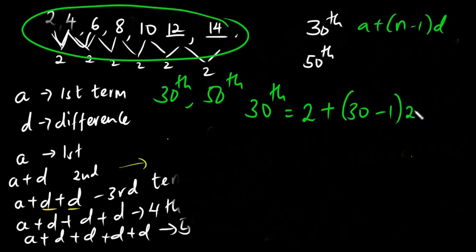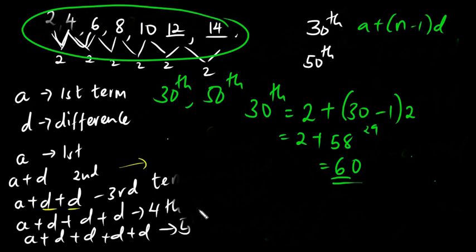So it will be 2 plus, 30 minus 1 is 29. 29 times 2 is 58. So that will be 60. The 30th term of this sequence is 60.